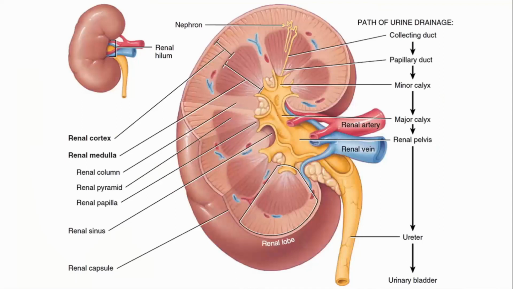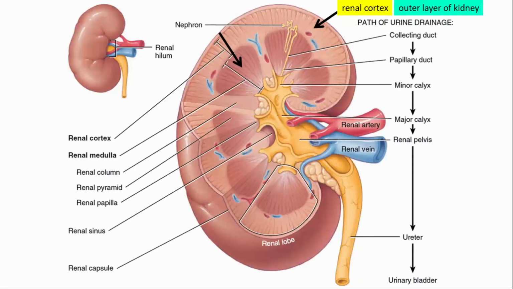What is this view? This is a section of the kidney showing the internal structures found inside the kidney. Start with the outer lighter red color area, and this is the renal cortex. This is the outer layer of the kidney, which contains the functional unit of the kidney.